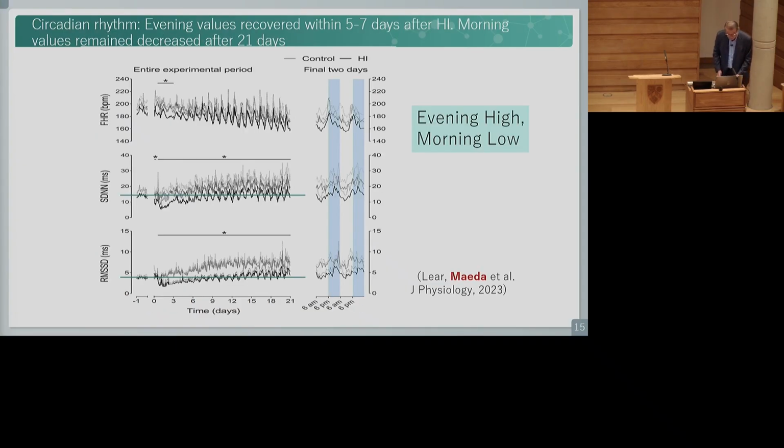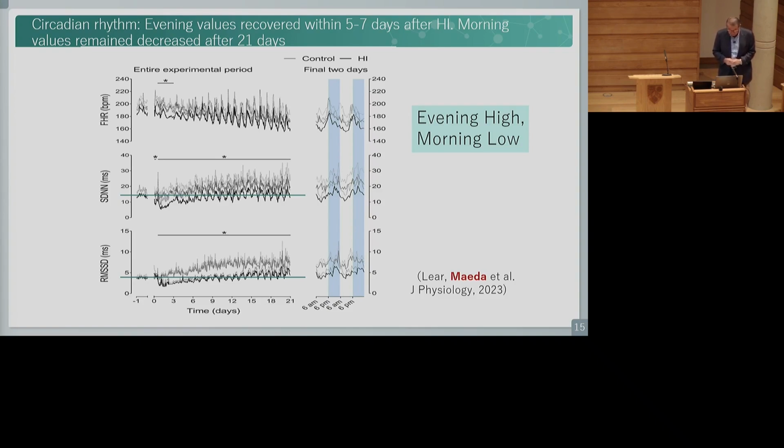We then followed these animals for 21 days, and an unexpected finding emerged. Variability showed a clear circadian rhythm. Values were higher during the evening and lower during the morning.